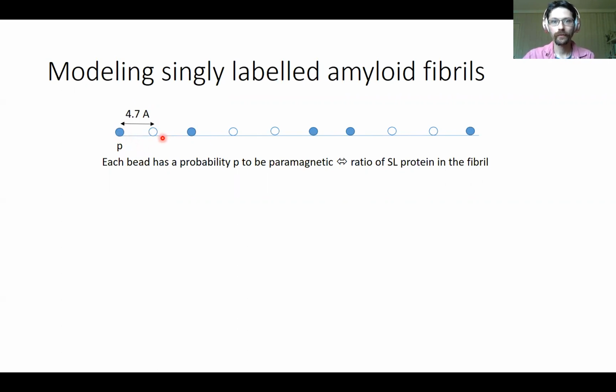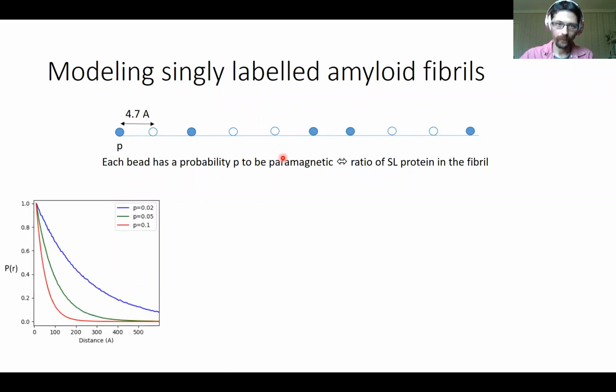So you fill your line like this with yes, no, paramagnetic. Essentially, your probability of having a spin is exactly your spin dilution, your ratio of labeled protein to unlabeled protein that you use to make fibers. So if P equals 0.1, for instance, it's equivalent to 10% of spin-labeled protein.